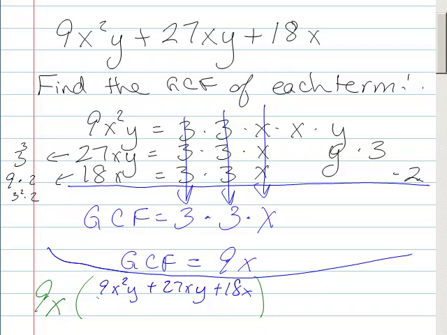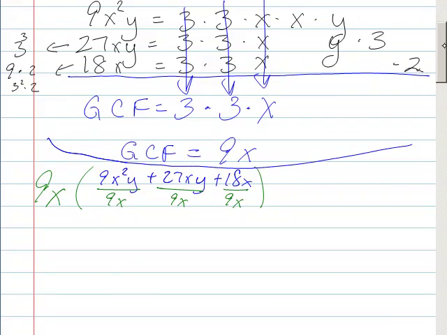We talked about how, if you want to show where all this comes from, you can divide each term by whatever you're factoring out. So we end up with that 9x on the outside.